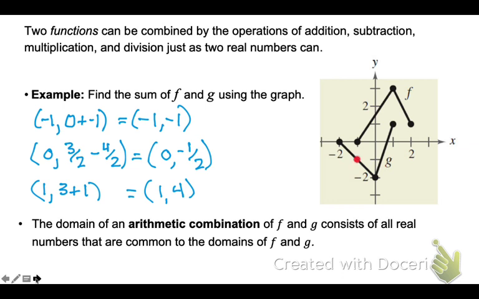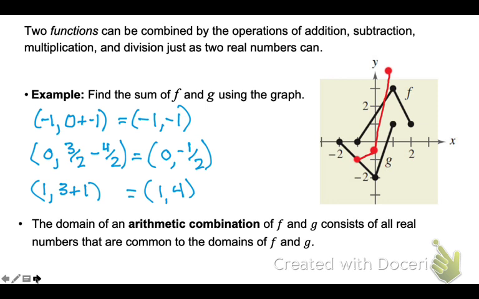And then (0, -1/2). And (1, 4). And that would be the combination of the two.